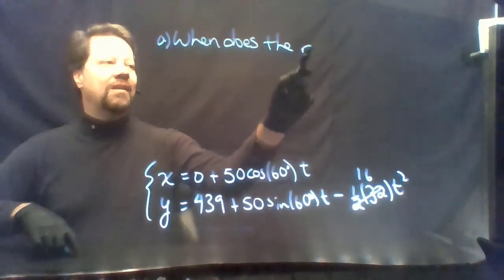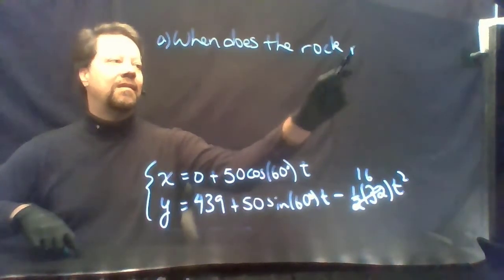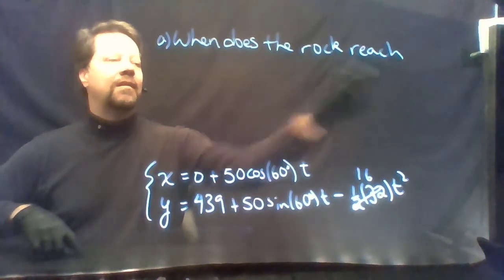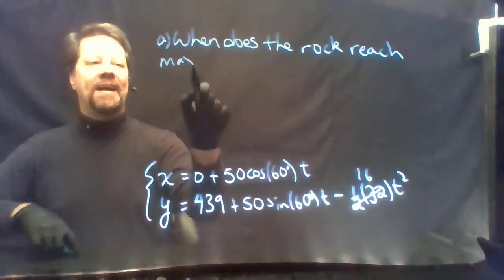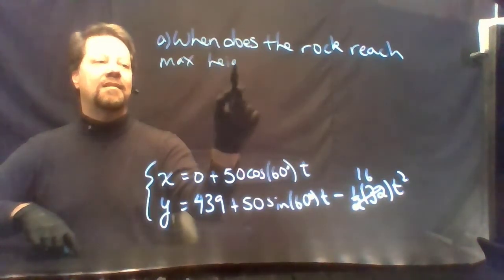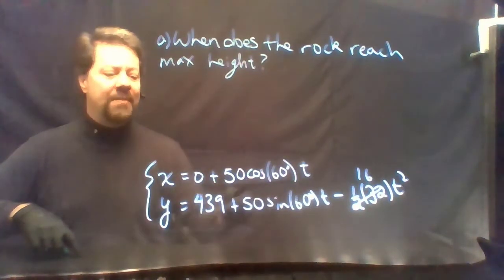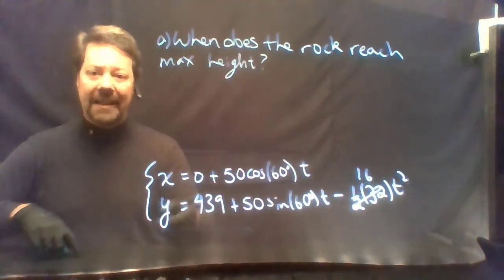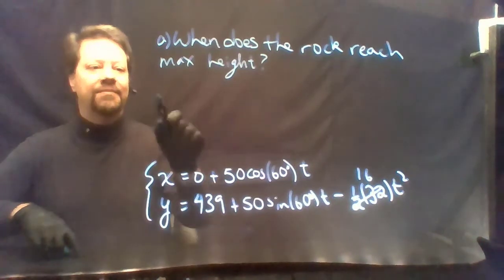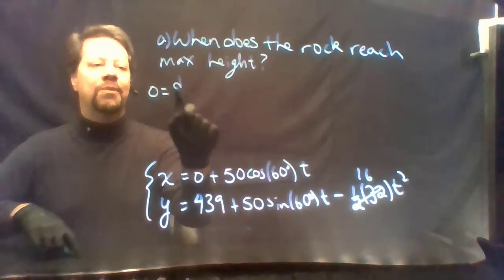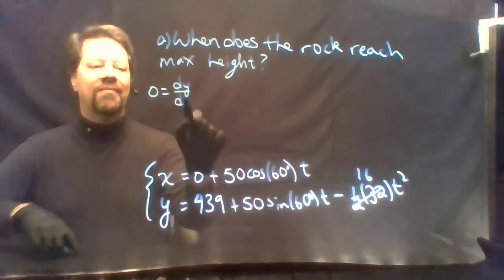When does the rock reach the maximum height? It reaches the maximum height when the vertical velocity is 0. So we'll set 0 equal to dy dt.